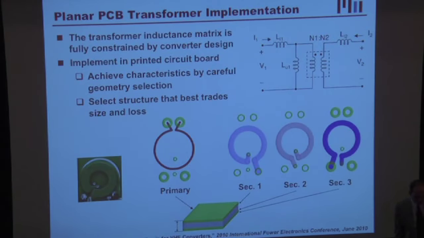So what do we have to do? Well, if I told you, okay, here's some transformer structure, tell me what the inductance matrix for the structure is. That's a solvable problem, at least computationally, okay? If I wanted to do the inverse problem, give me a transformer structure that provides precisely the inductances I want to get this high performance, that's a much harder problem.